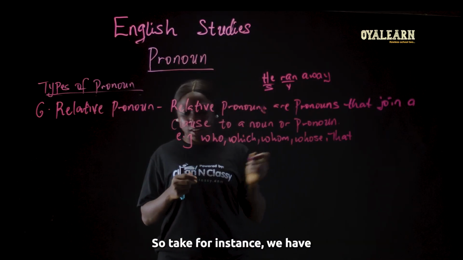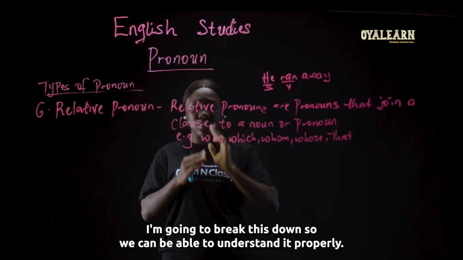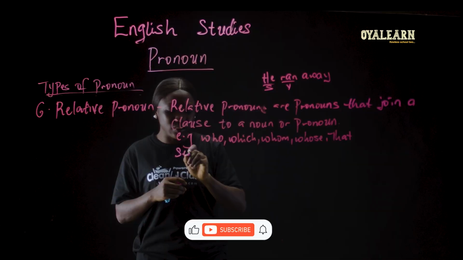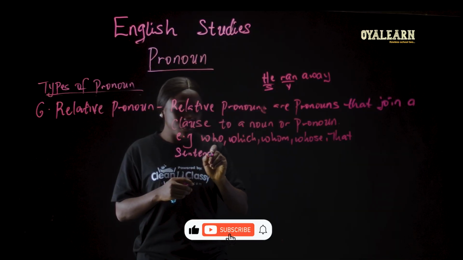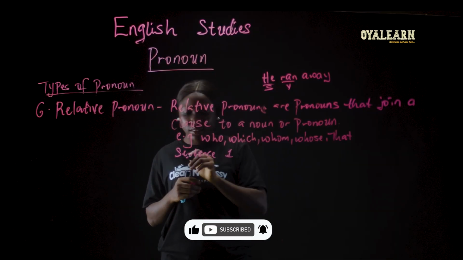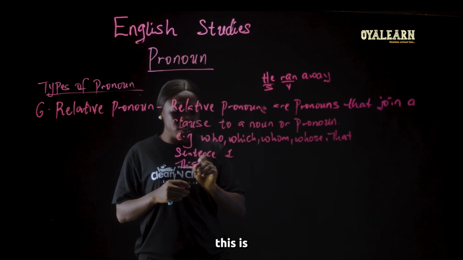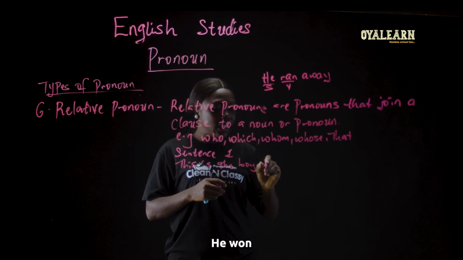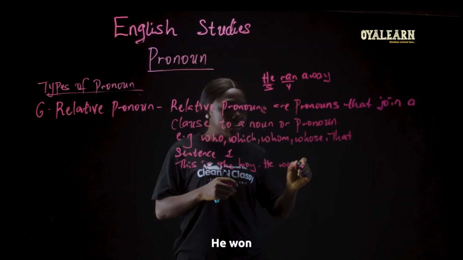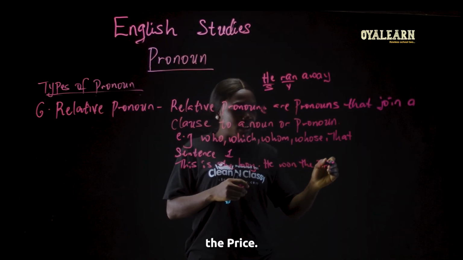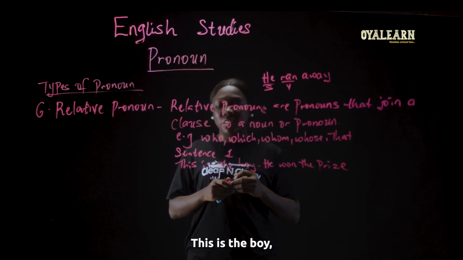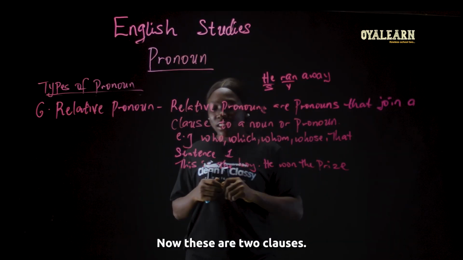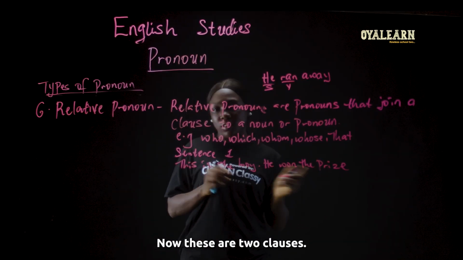So take for instance, I'm going to break this down so we can understand it properly. Sentence one: this is the boy. He won the prize. Now, these are two clauses.